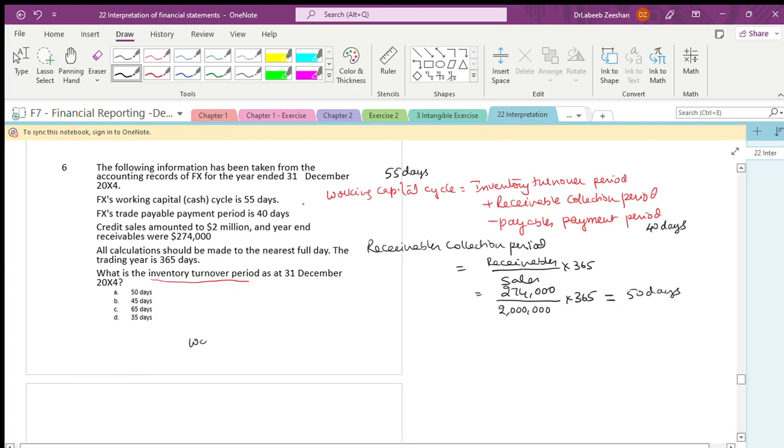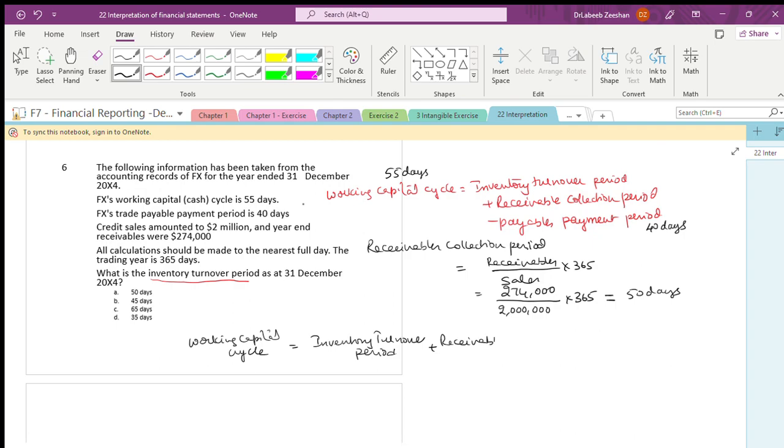Now see, I'm writing again. Working capital cycle is equal to inventory turnover period plus receivables collection period minus payables payment period.